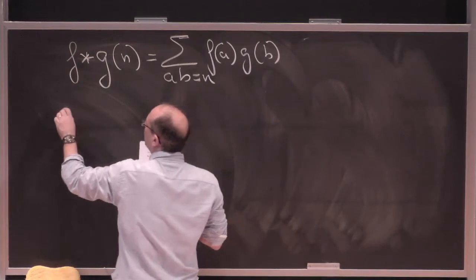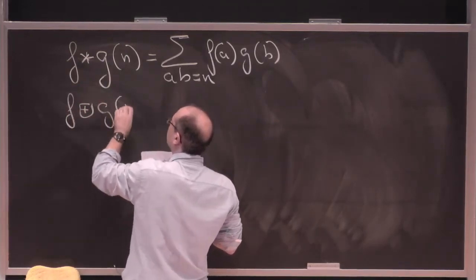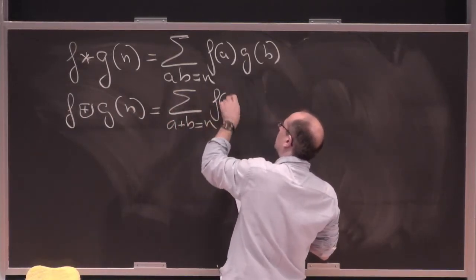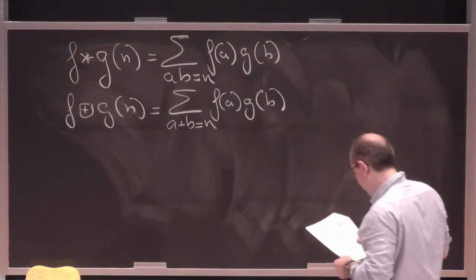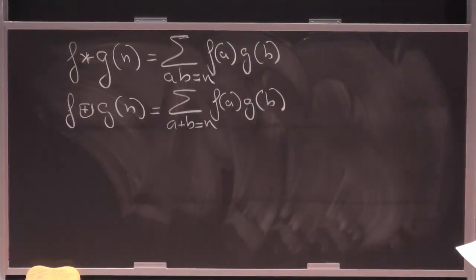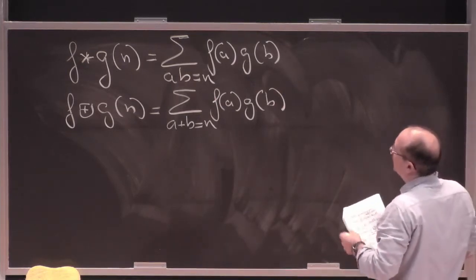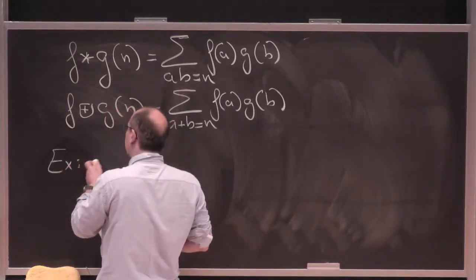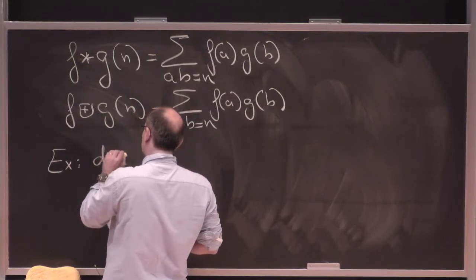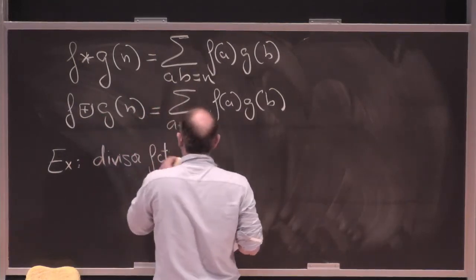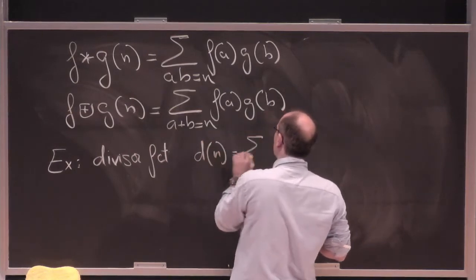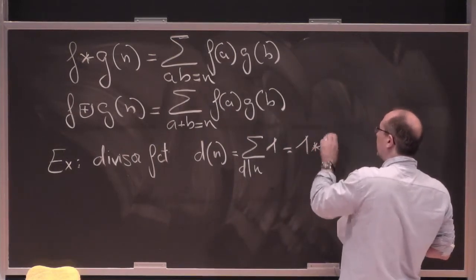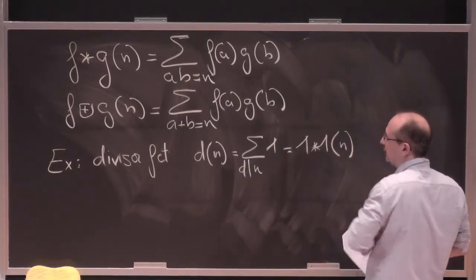And you also have an operation of additive convolution. So for example, if you take the divisor function, d of n is the number of divisors of an integer. This is the Dirichlet convolution of the constant function 1 with itself.